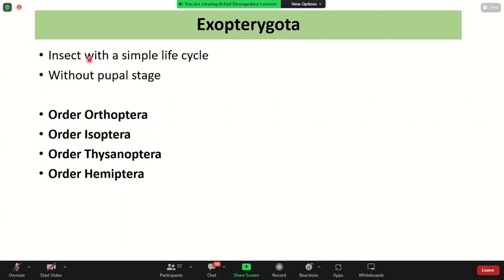Right? You have to remember into which category these ones belong to.